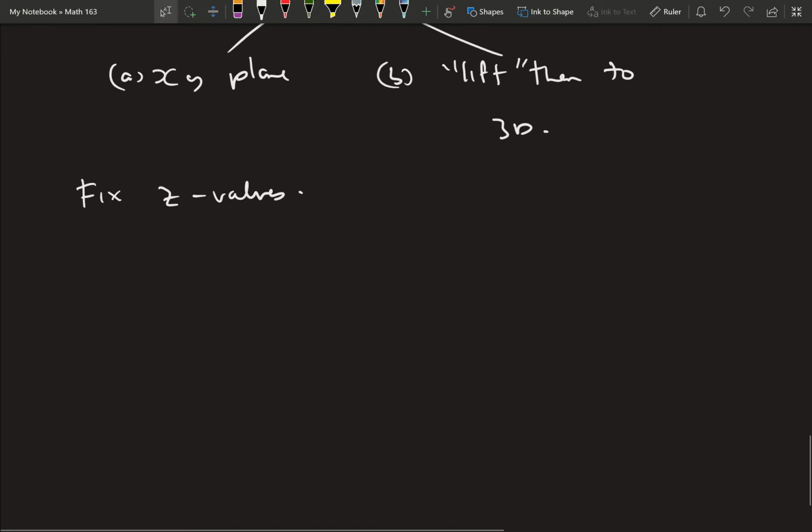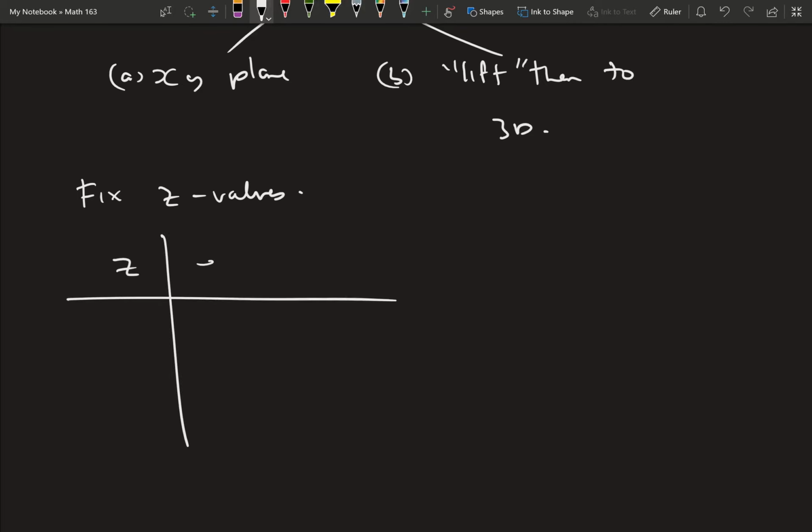So let me put a little table here, put the equation, and then we'll put the plot in a second. So let's start with z equals 0. We'll do 1, -1, 2, and -2.